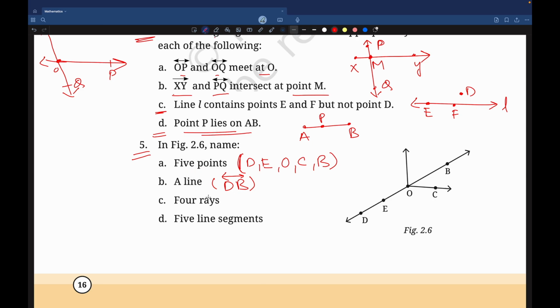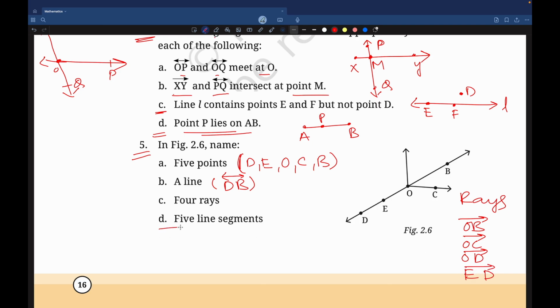4 rays. Rays are OB is a ray. Then we have OC as a ray, OD as a ray and ED as a ray.